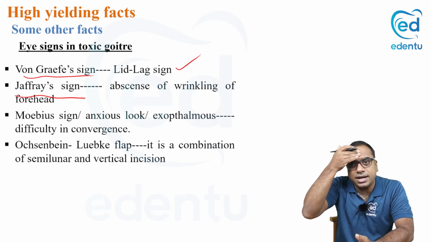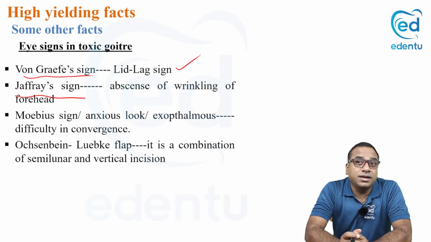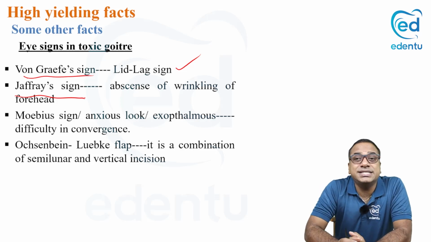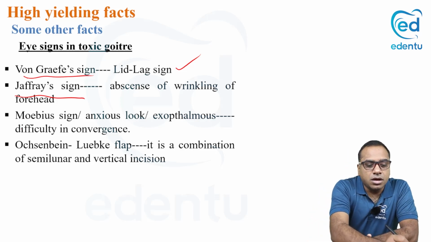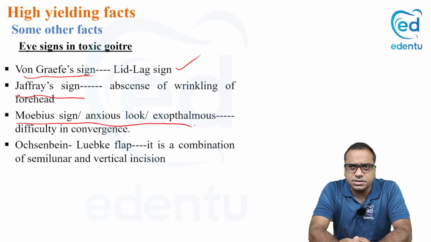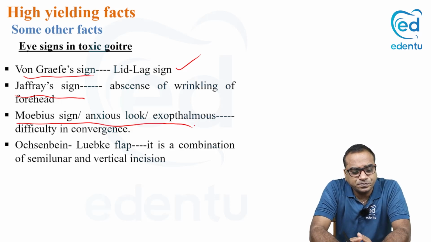So in the forehead there is an absence of these lines. Mobius sign or anxious look is difficulty in convergence. The power of converging is lost.